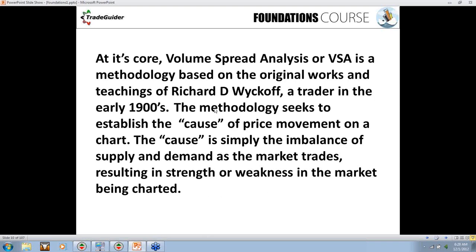This slide's very important: the cause of price movement. Everyone knows price moves. We all understand that. We know that oil doesn't stay static. It moves up and it moves down. But something causes the price to move on a chart. And the cause is simply there's an imbalance of supply and demand, which there has to be in any market.